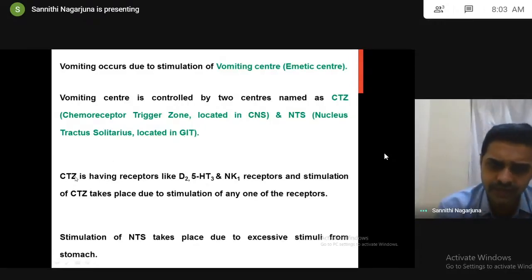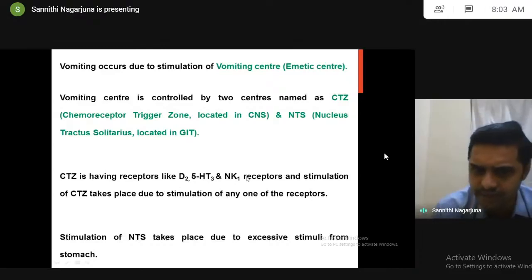So what is CTZ? The CTZ has some receptors like D2, 5-HT3, and NK1 receptors. The stimulation of this CTZ takes place because of the stimulation of any of these receptors. Am I right?